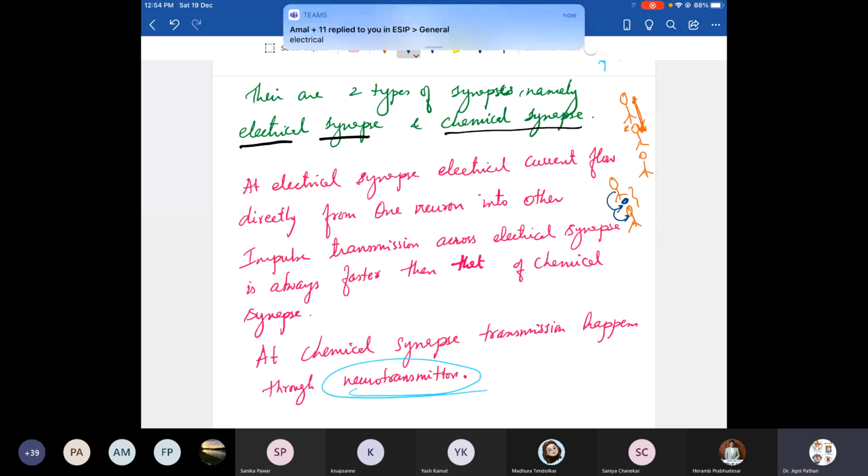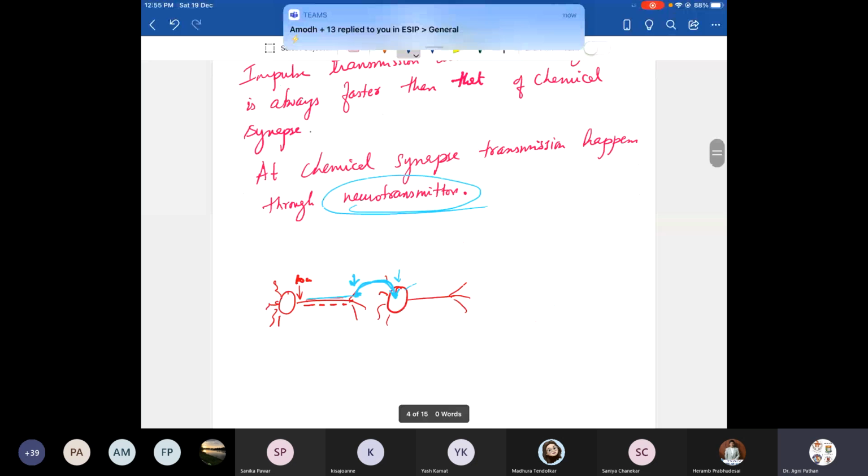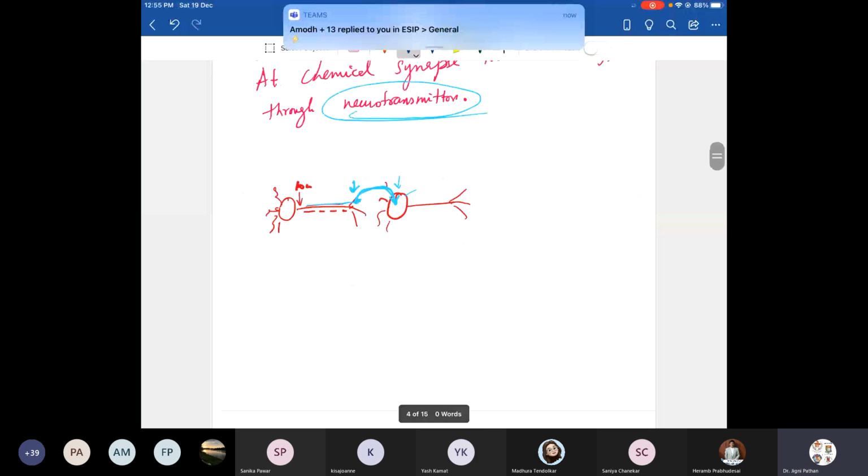Electrical one, because there is nothing in between. It's faster than chemical synapses, because in chemical synapses neurotransmitters take part. Clear? Okay, fine.